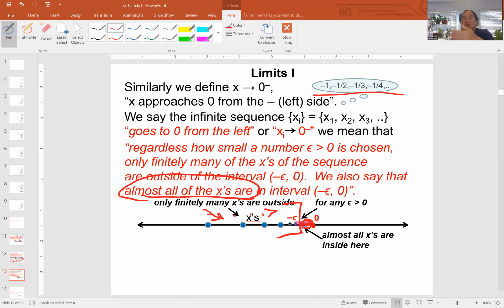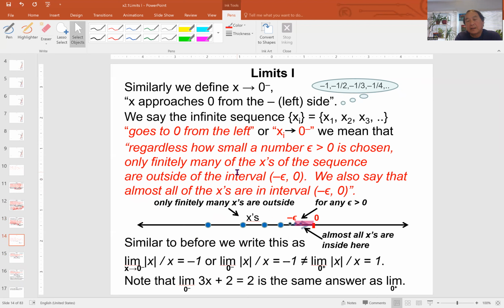So just about everybody is inside this little neighborhood. Regardless how small a neighborhood you take, of course the smaller the neighborhood, the more will be outside, but it's still finite. That's the point.